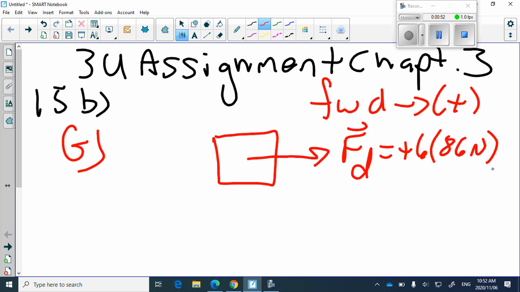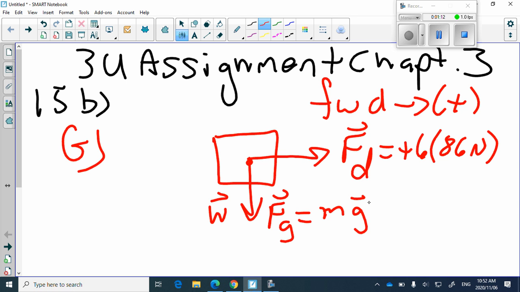I also know that we're on the planet Earth. So there is a force of gravity on the object near the surface of the Earth. That also has another name. Force of gravity is also known as weight. And it has an equation: the mass of the object times the gravitational field strength near the surface of the Earth.